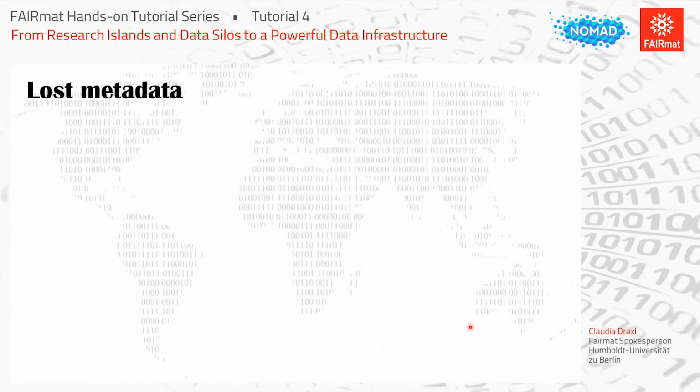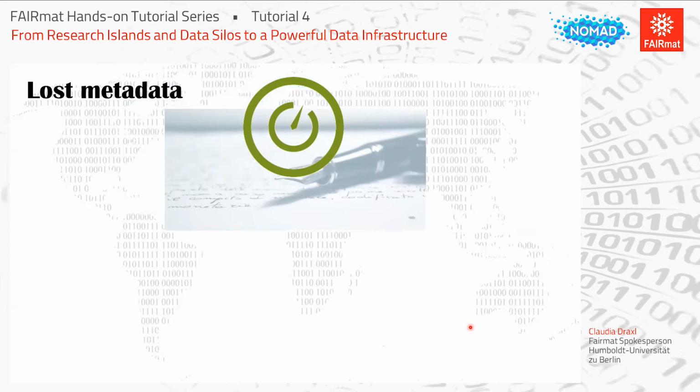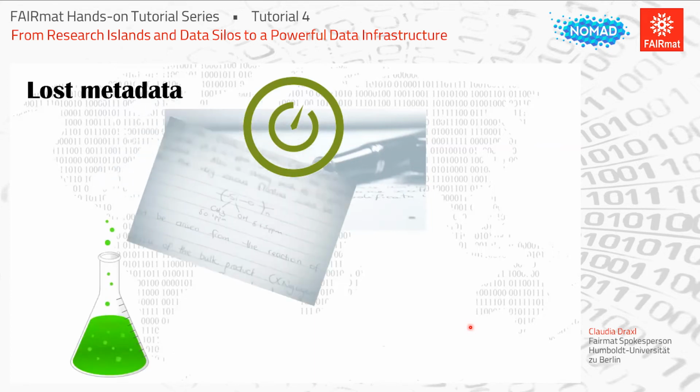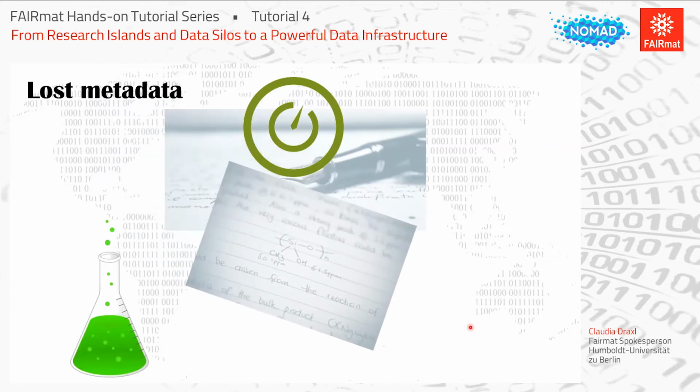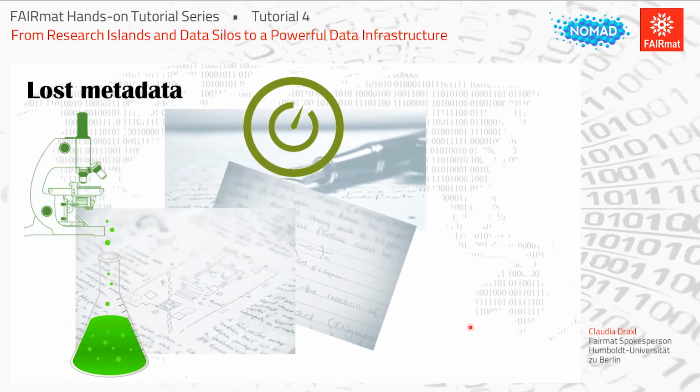Now, experimental characterization also comes with other challenges, and these are lost metadata. Well, I call it like this. Think about if you go to a lab, then take a measurement. Very often people write down some notes on just a piece of paper. The same may be true for the synthesis of a sample, or for the setup of a technique, of an instrument.